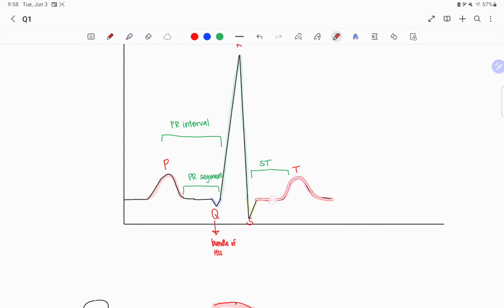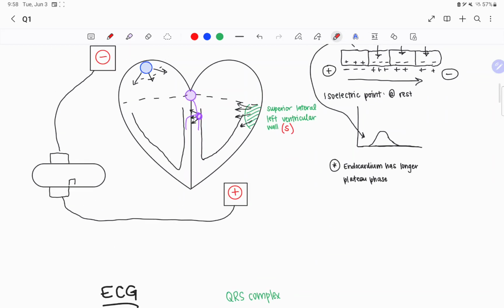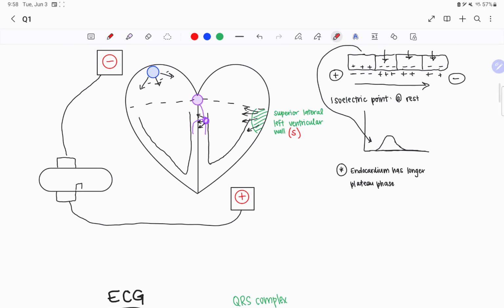right here happens as our heart repolarizes. Now, what's interesting is when the heart depolarizes, it depolarizes from the endocardium towards the epicardium. Okay, so in to out. But then when the heart repolarizes, we go out to in.